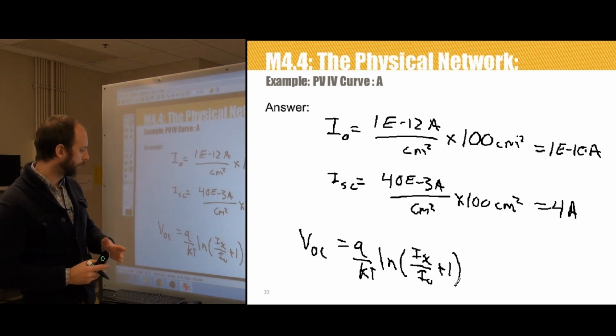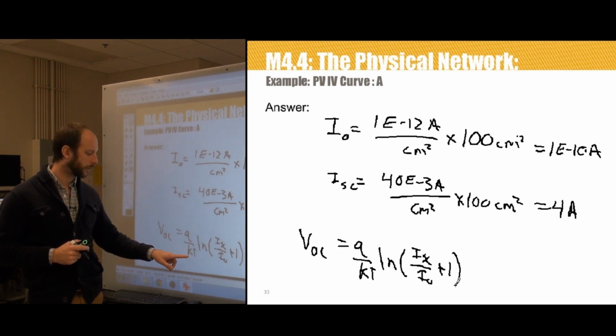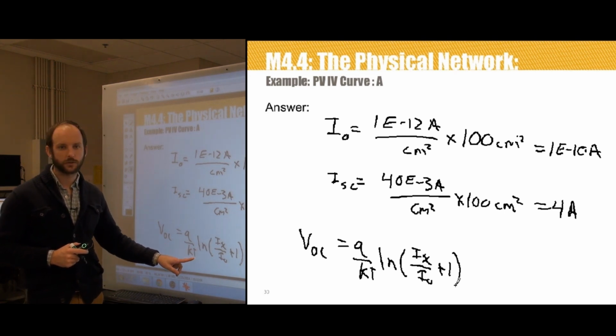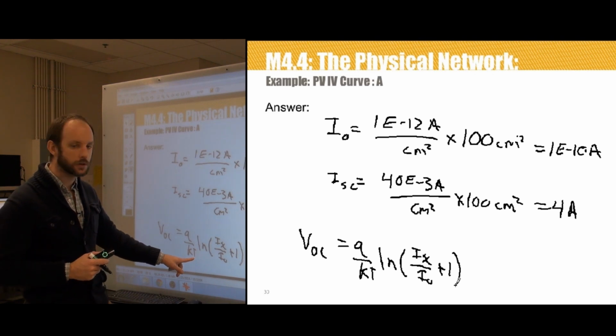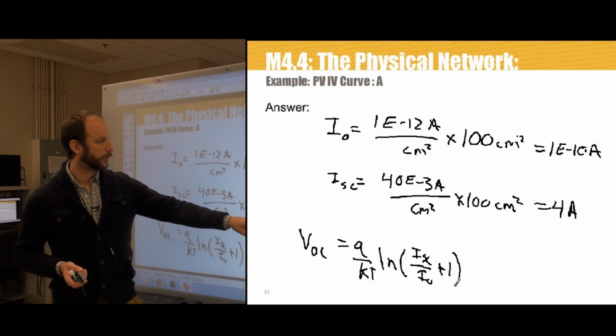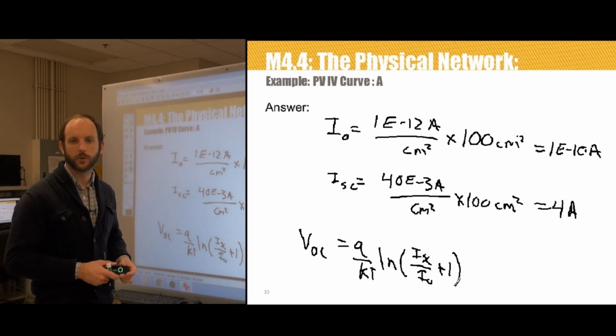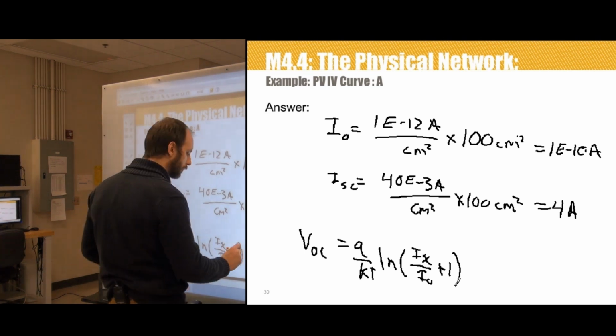So that's 1.602 times 10 to the minus 19th for Q, and 1.38 times 10 to the minus 23rd for k. T is temperature in Kelvin, so in this case 25 degrees Celsius plus 273. We then take the natural log of 4 divided by 1 times 10 to the minus 10, and add 1 to it. That's going to give us 0.627 volts.